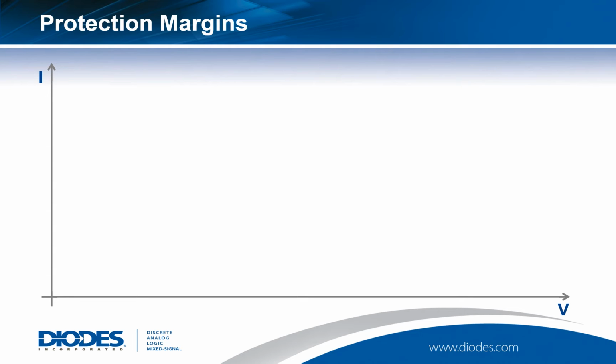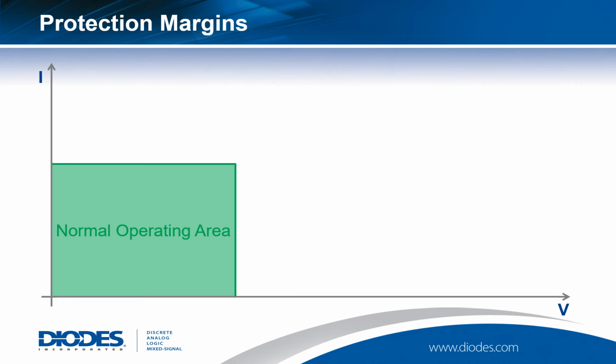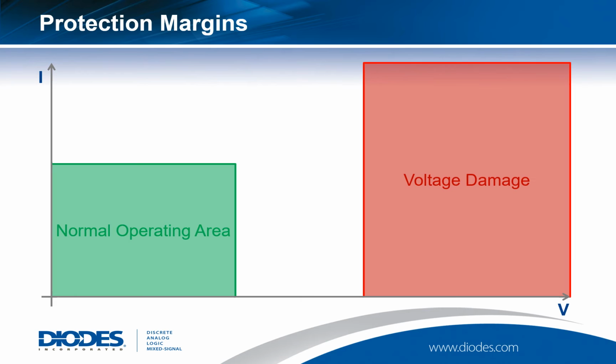It's useful to consider the concept of protection margins. Any circuit that we design will have a normal operating area, a maximum input or output voltage, and maximum input or output current. Engineers, being engineers, we will always give ourselves some leeway. If our circuit has a maximum operating voltage of 5 volts, we're going to have components that will tolerate 7 to 10 volts as a minimum in that circuit.